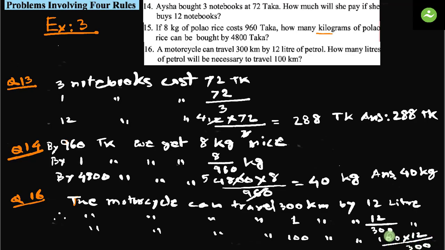Now if we simplify, the zeros cancel, 3 divides 12, and the quotient is 4. So 4 into 1 is 4. So we can write the answer: 4 liter petrol.